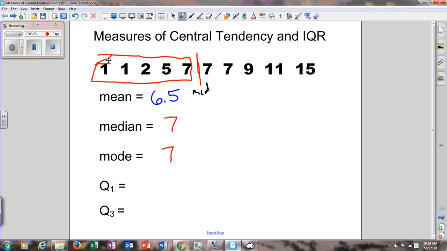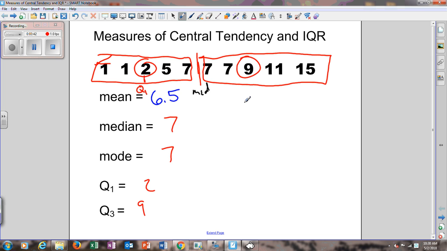And so the median of this would be 2. That would be Q1. So Q1 is 2. And Q3 would be the median of this set of data, or the middle number in this set, which would be 9. So that's Q3.